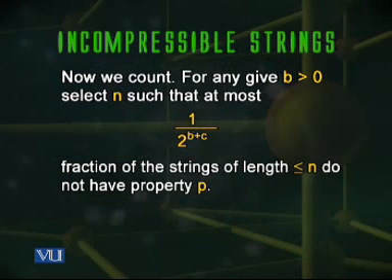Now let's count. Suppose you're given a B greater than 0. We will select n such that at most 1 over 2 to the B plus c fraction of strings of length less than or equal to n do not have the property. Why can we do this? Well, remember that P holds for almost all strings, and therefore the fraction of strings of length n on which P is false approaches 0.